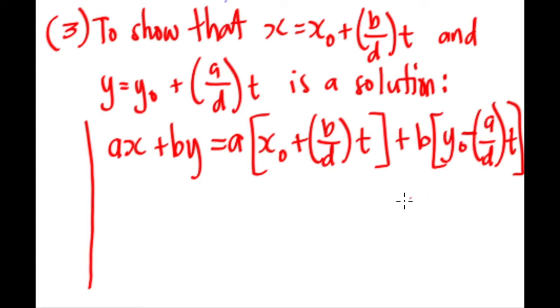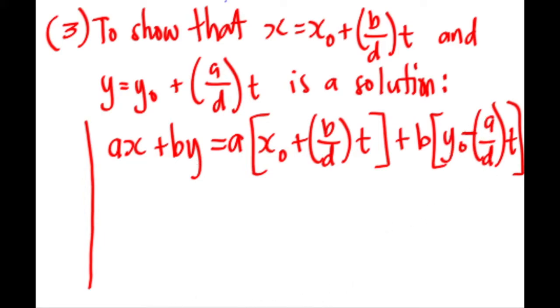So what happened here? Since we say that x is equal to x sub 0 plus b over d times t, we literally substituted the x here, and literally substituted the y here, so as to make it this form. I'm sorry, this is a minus a over d.